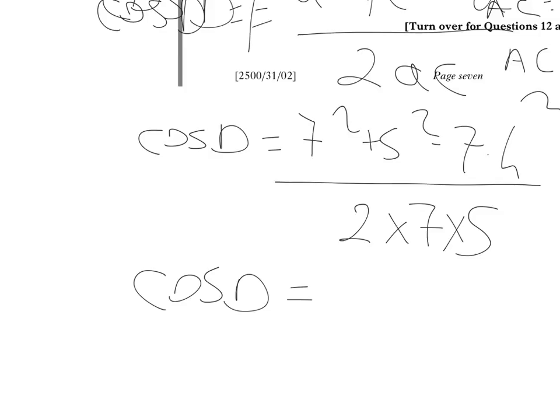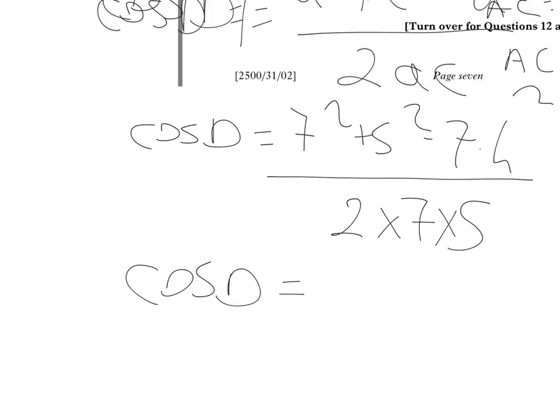So 7 squared plus 5 squared minus 7.4 squared. Divide by the bottom, and that will give me 0.274.